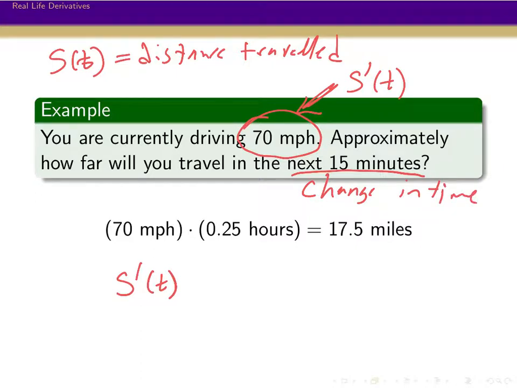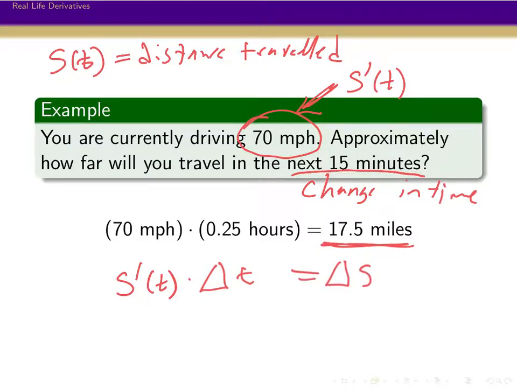Right, so that 0.25 of an hour is talking about change in time. And then what we get out of it is this 17.5 miles. That's how far additionally we've traveled, so that's talking about change in distance, and that's our delta s.